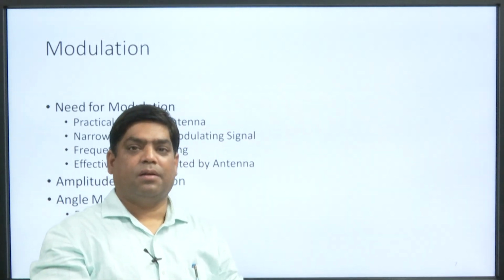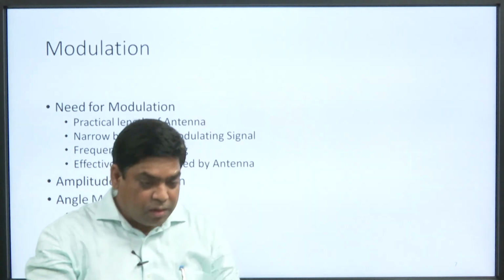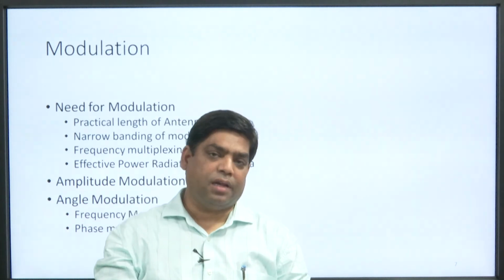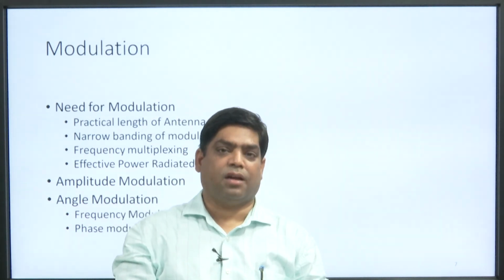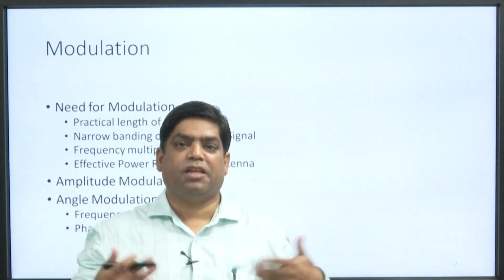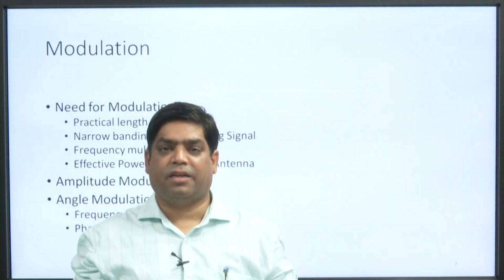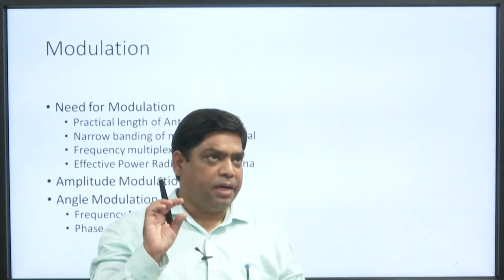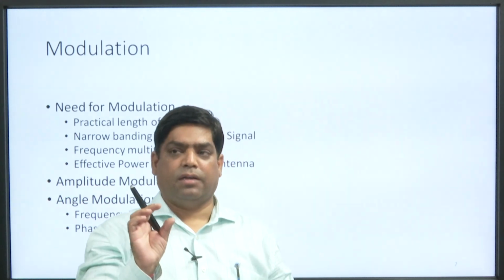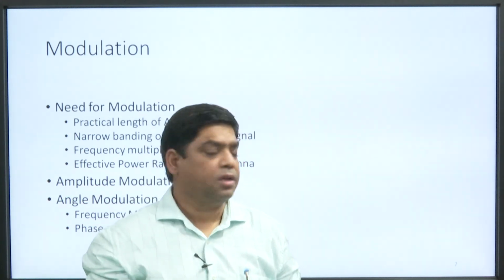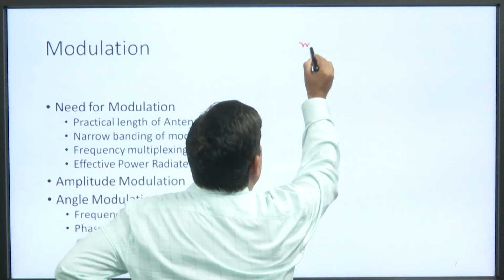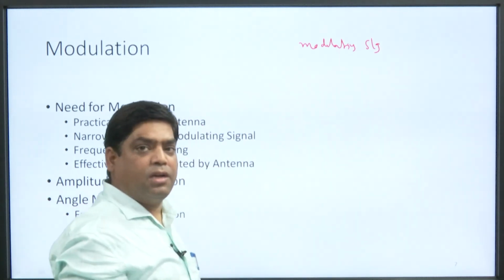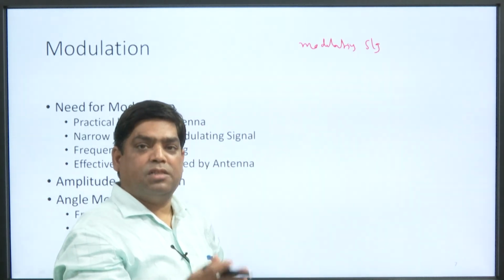Now come to the main topic of this subject, that is modulation. Basically there is a modulating signal, for example, as we are speaking, it is an audio signal, continuous in time, and its bandwidth is low. That is the modulating signal, our original signal to be transmitted from transmitter to receiver.